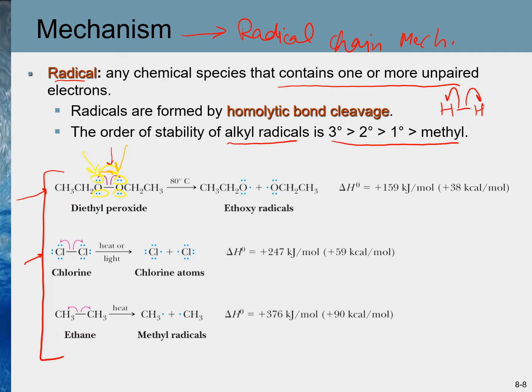Therefore the energy required to break this already weakened bond is not that high. As you can see, the bond dissociation enthalpy of this oxygen-oxygen bond is only 159 kilojoules. Similarly, the repulsions between the lone pairs of electrons on the two chlorine atoms also weaken this chlorine-chlorine sigma bond. Therefore, it can also undergo homolytic cleavage easily. The energy required to break the chlorine-chlorine bond is 247 kilojoules.